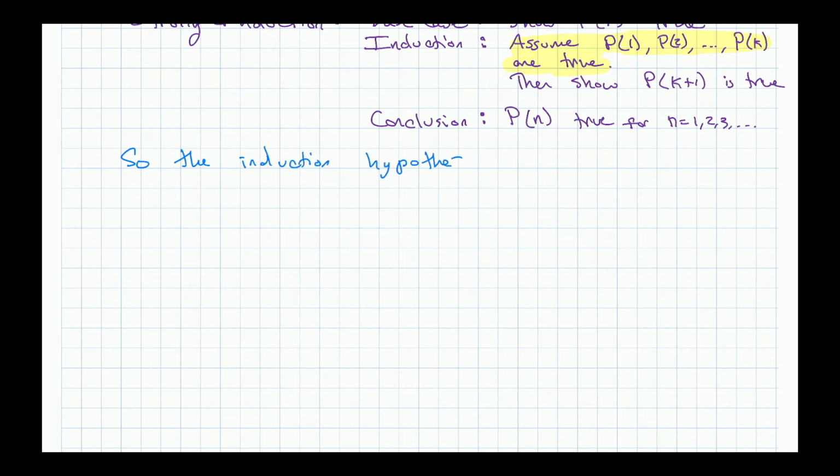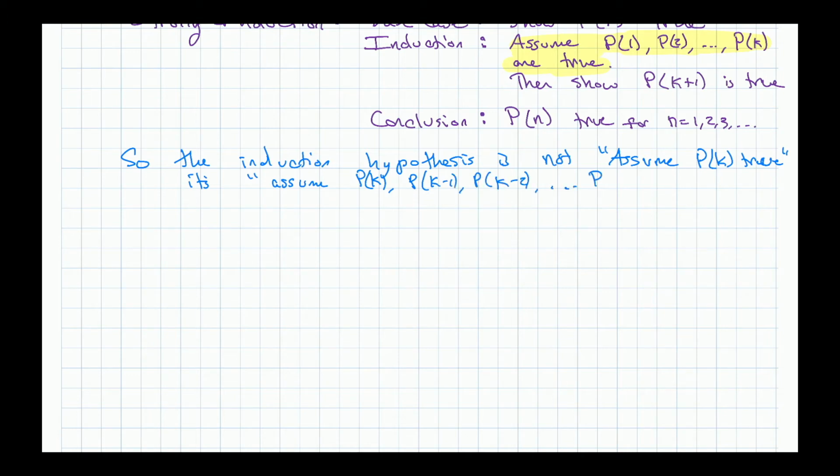The induction hypothesis is not just assume P of k is true. It's assume P of k, P of k minus 1, P of k minus 2, all the way down to the first one are true.